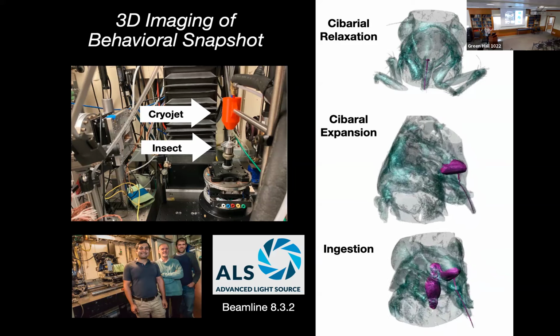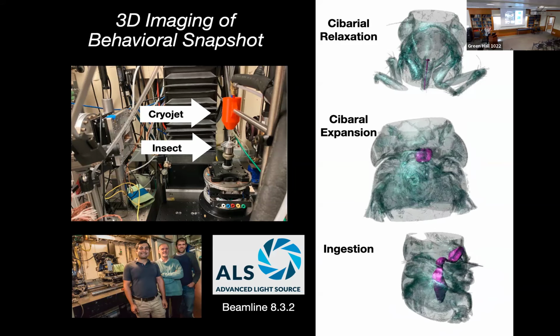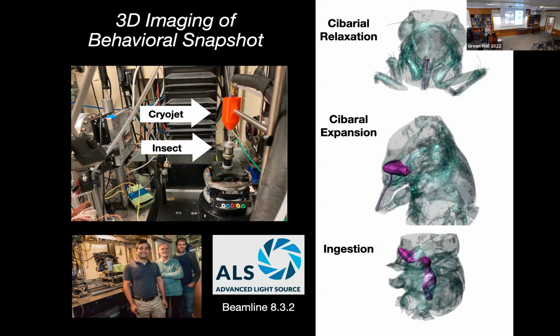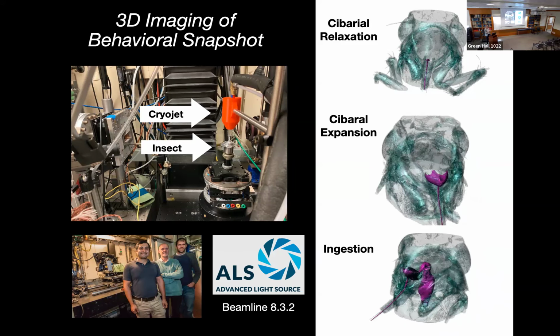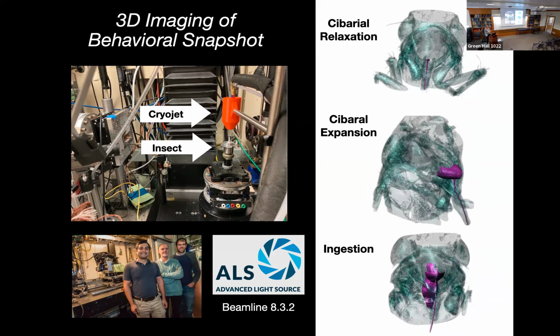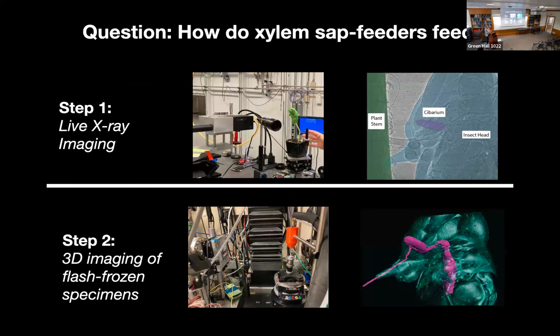So we can go back into our 2D imaging data and calculate the volume of every single pump that we saw in the videos. There are hundreds, like 500 of these or something like that. So we're able to derive the rate of consumption, the periodicity, and how that can vary over time, which gives us a really nice comprehensive look at what's going on in the head of the insect during feeding.